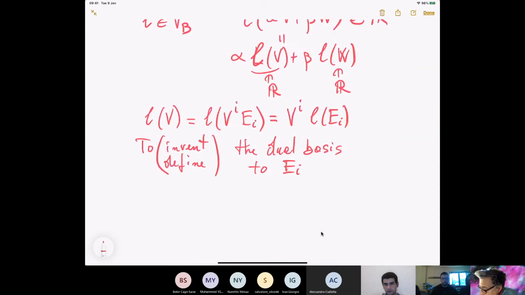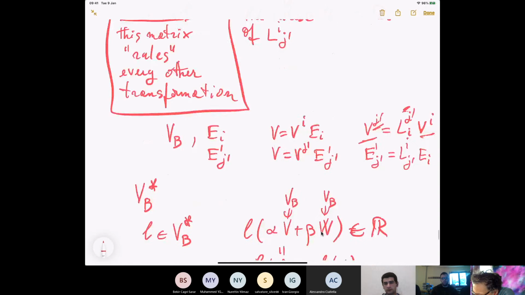So what we define, L^i of a vector v, is exactly the component v^i of the vector in the basis from which we are starting. So we have blocked this and we change this. So from now on, we are changing only the basis of VB.